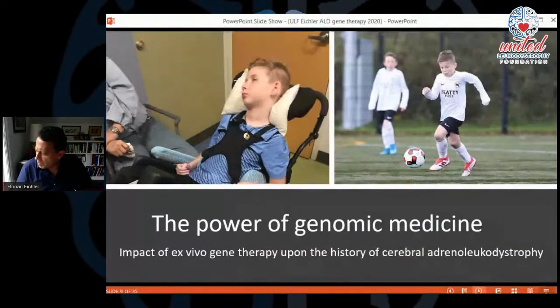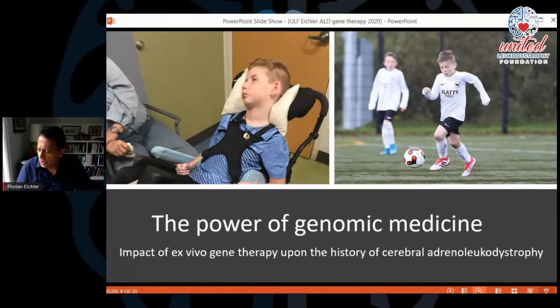So over the past few years, implementing ex vivo gene therapy for cerebral ALD, we've really seen a dramatic change occur, and it wouldn't have occurred without all the decades of experience with bone marrow transplantation that Troy Lund mentioned. When I started my clinic, most of the boys who came to my clinic 15 years ago arrived in wheelchairs, were quite devastated, and at death's door.